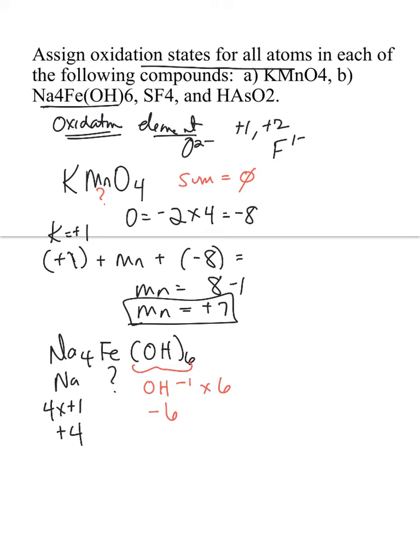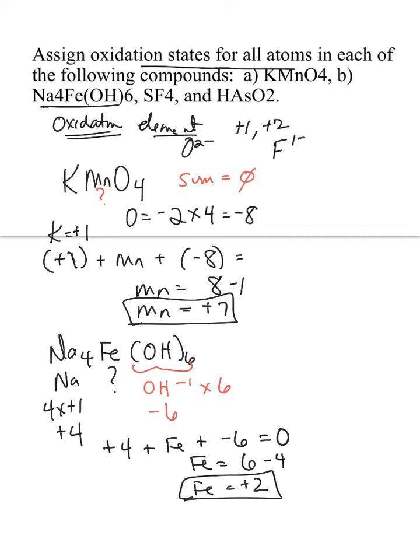And then iron you don't know, so +4 plus iron plus -6 sums to 0. And iron equals 6 minus 4. Iron equals a +2. And if you went and made every oxygen -2 and your hydrogen +1, you would have gotten the same answer.